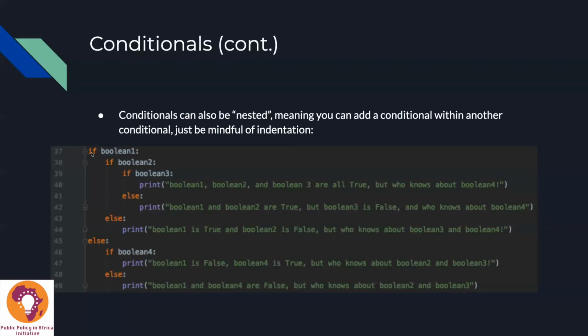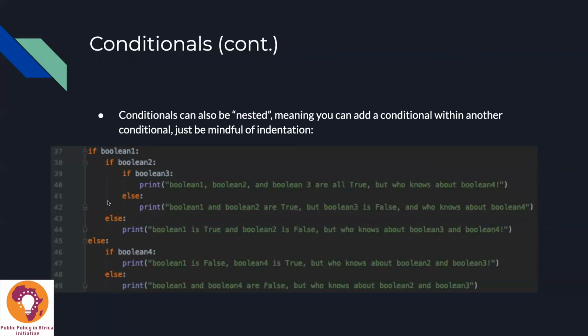So in this particular case, we have if Boolean 1, and then nested under that if Boolean 1, we have another conditional where we have if Boolean 2, and this is an if else. One thing that's great about PyCharm is these little gray bars here. They might be a little hard to see right now, but they call out what's related to this nested if. So there's this if, and then there's this else that's tied to this if up here.